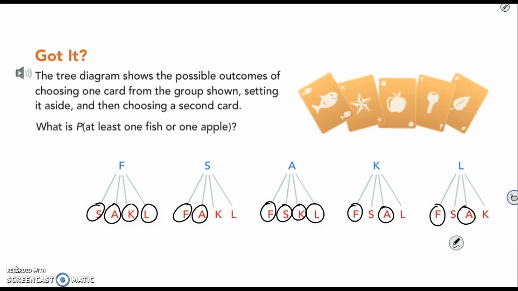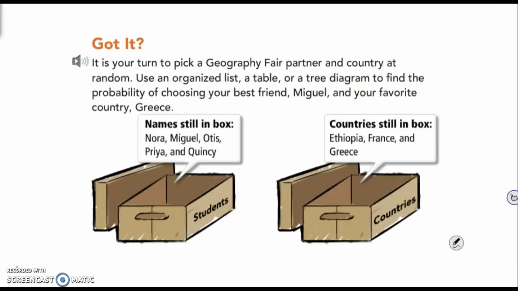So if we count, we see we have 14 possible outcomes out of 20 total outcomes. We can simplify our probability, 14 over 20, by dividing by 2, and that simplifies to 7/10. So the probability of selecting at least one fish or apple is 7/10.